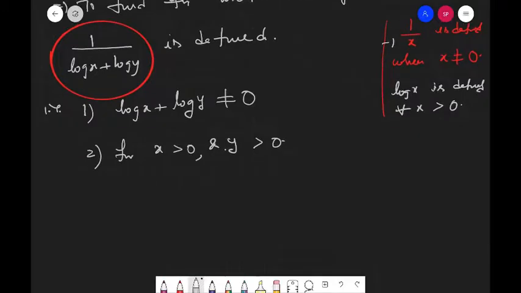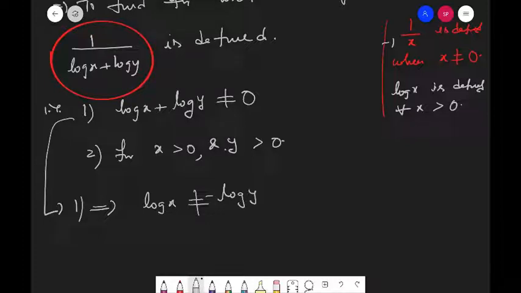So let us look at one by one point. This one implies log x plus log y, log x must not be equal to minus log y. So which is possible for all x comma y.